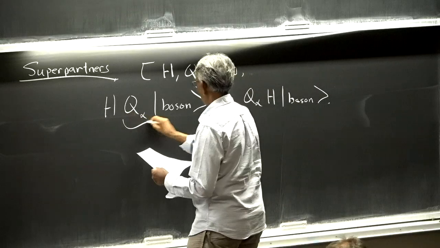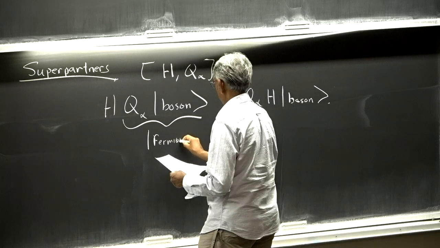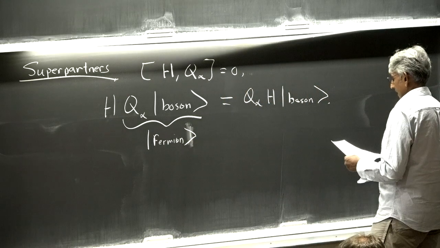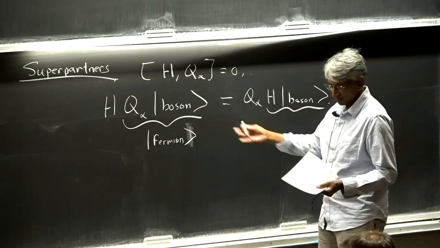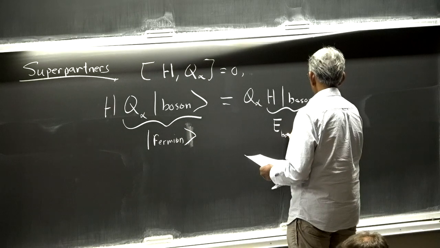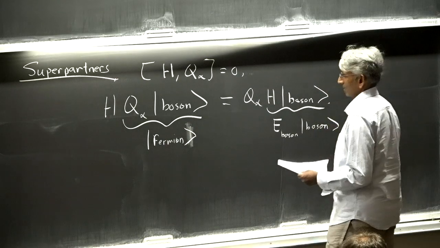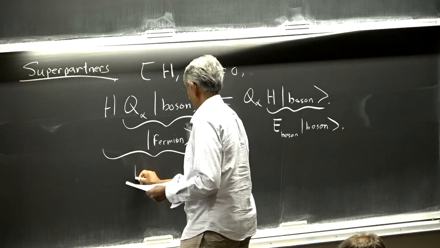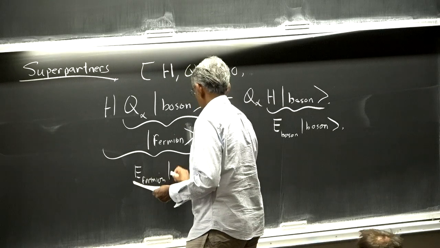Now this is necessarily some fermion by the spin statistics connection, right? Okay, it's got half-odd integer. And this, well, if the original boson was an eigenstate of energy, then this is just the energy of that boson times the boson. Okay. And this, H of this, is just the energy of the fermion times the fermion state.